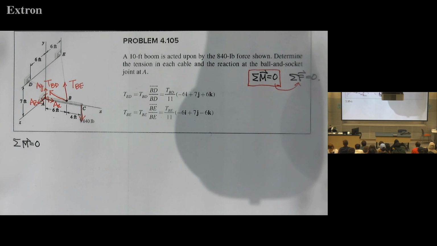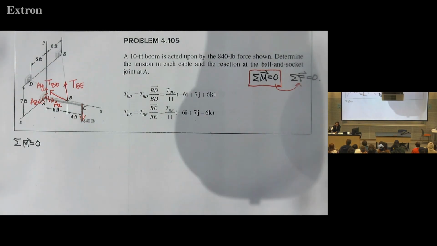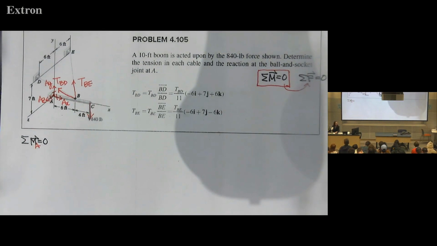If you choose B, then you can find AX, AY, AZ, and then the cable tension later. So either is fine, but let's use A, because A has 3 unknowns. Let me use a red pen to indicate the reference point.